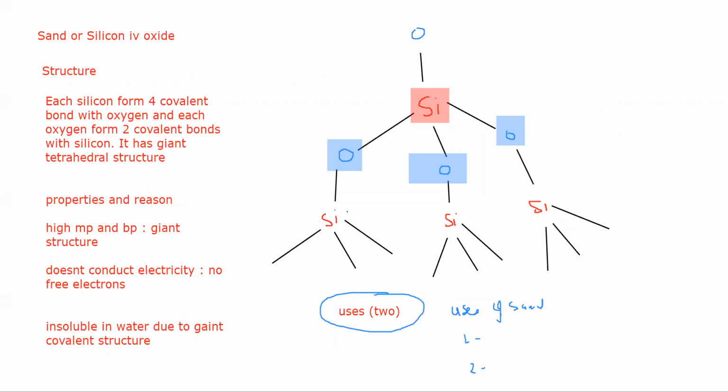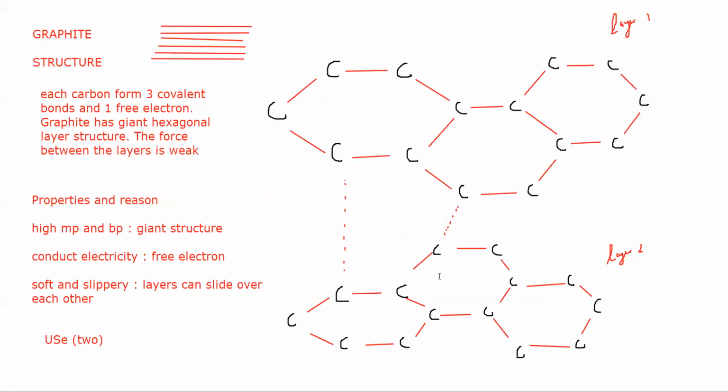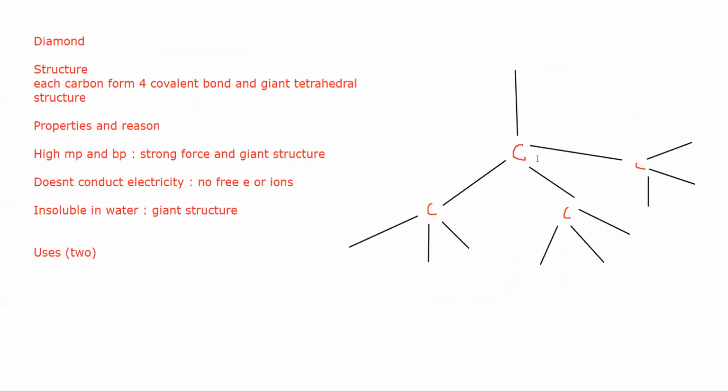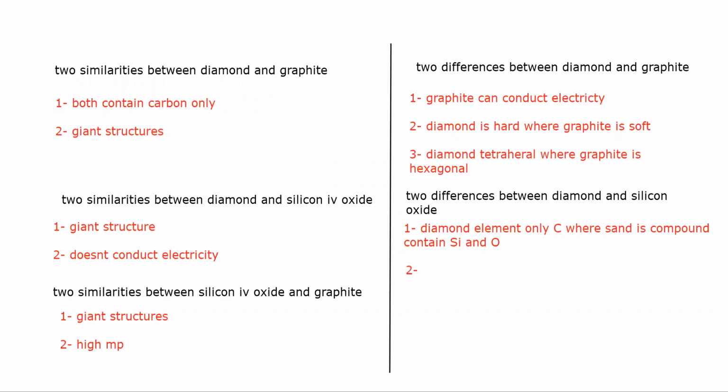The number of bonds formed by each atom is not the same in silicon 4 oxide. But in diamond, you can see each carbon is forming 4 bonds. This is 4, 4, 4, and 4. In diamond, each atom forms the same number of bonds, which is 4.